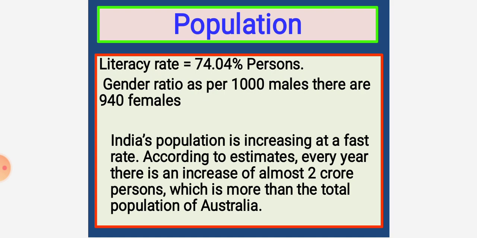Australia has a total population of about 2 crore, and our country India adds that population each year. So it means we are creating one Australia every year.